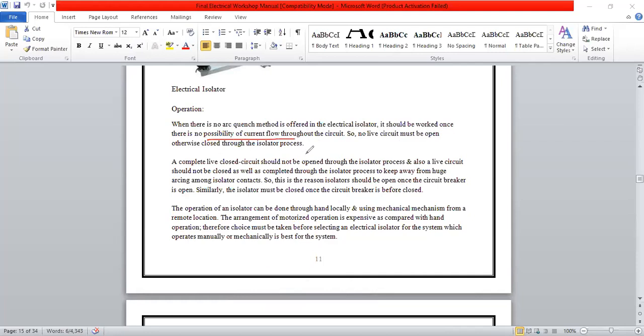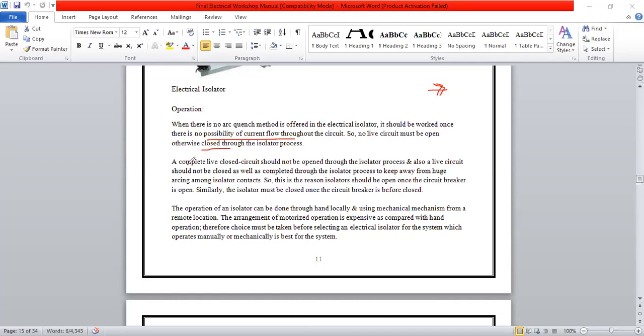That means the no load condition is there, and no current is flowing through the circuit. So with no current, we can easily open the isolator. That means it is opened in no load condition. Otherwise it should stay closed.